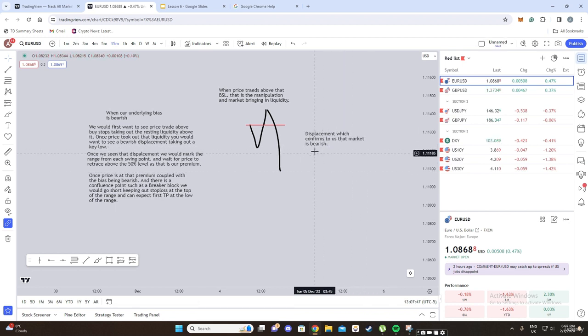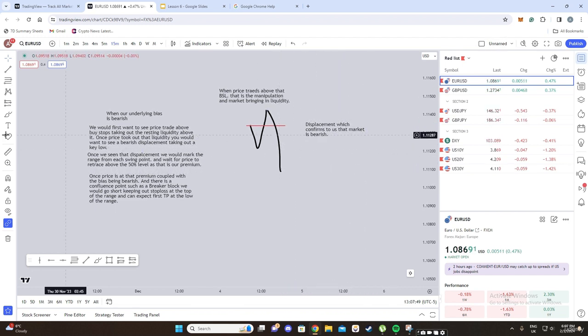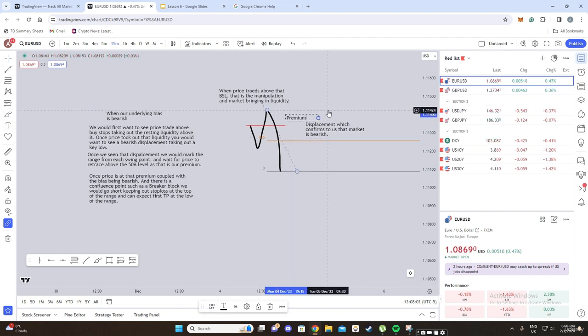Then that doesn't mean we rush to enter short here. No, we have to be patient and wait for a retracement above the 50% level, above this here, because above that level is our premium. So we'd wait for price to retrace into our premium and then look into this displacement here. Is there any confluence points we would like to see?